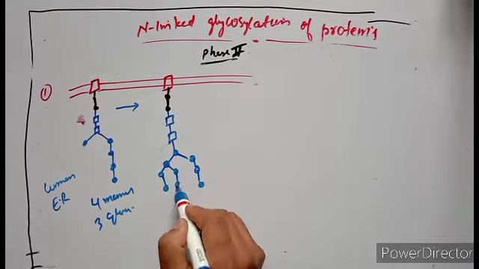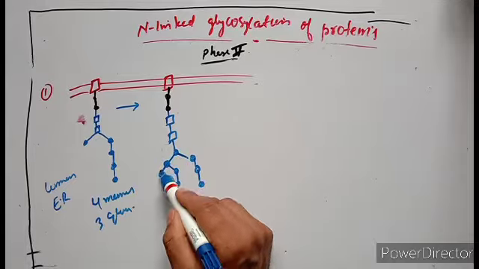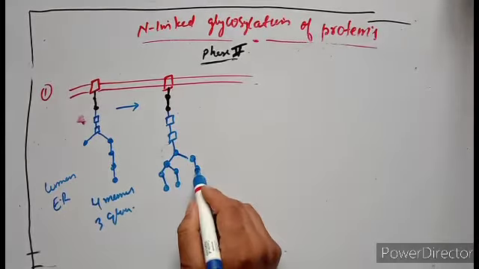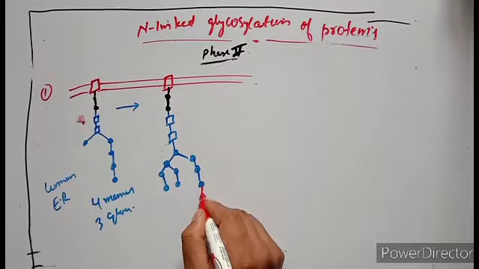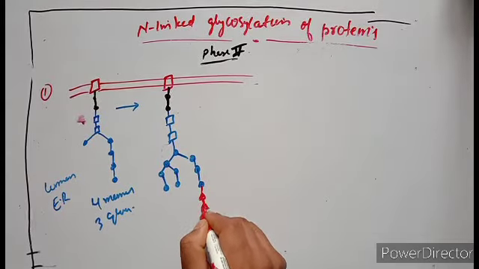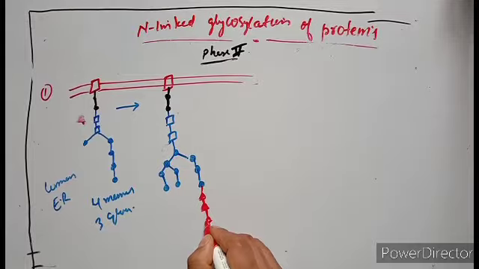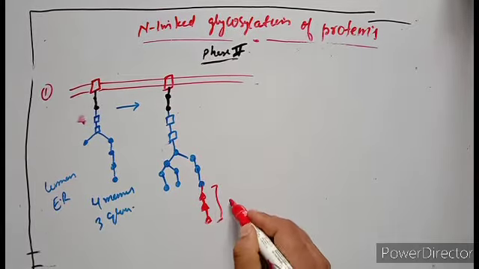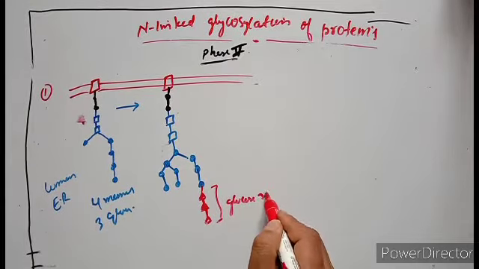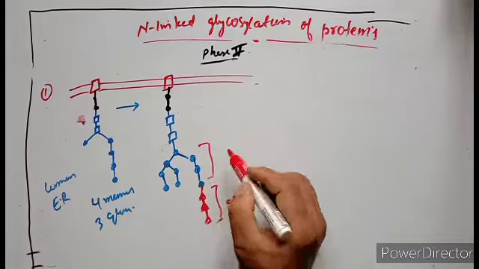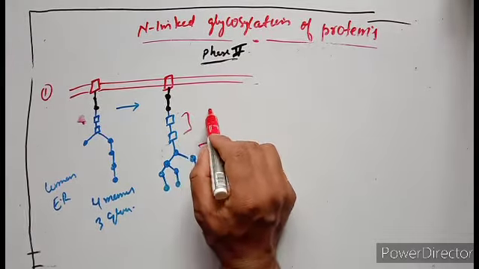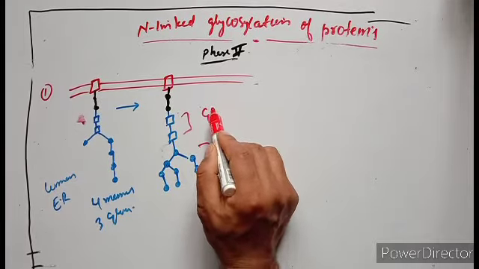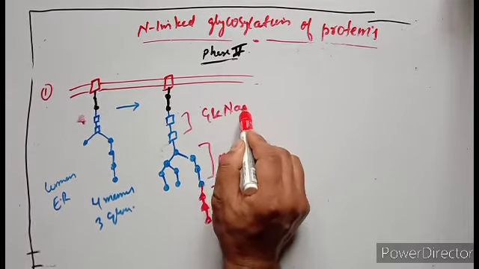1 2 3 4 5 6 1 2 3 4 5 6 7 8 and 9, and I will show the glucose with triangle and red color. So these three residues are the glucose residues. These nine residues are the mannose, and these two are the glucosamine and acetyl.